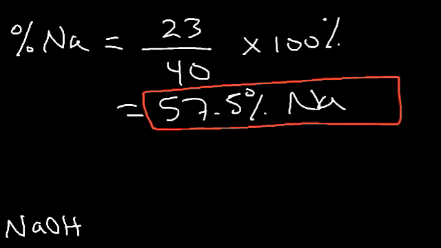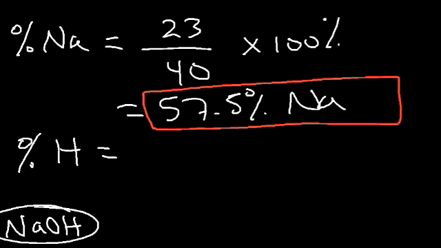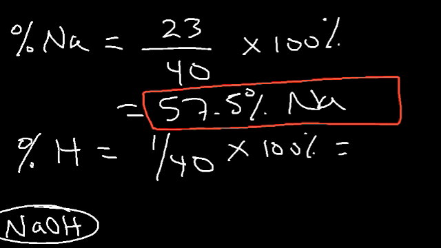Now, what is the percent of hydrogen in sodium hydroxide? So the mass of hydrogen is 1 divided by a total molar mass of 40. So it's 1 out of 40 times 100. So it's 2.5% by mass for hydrogen.